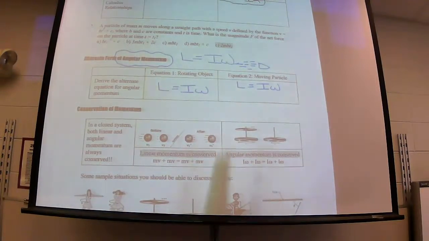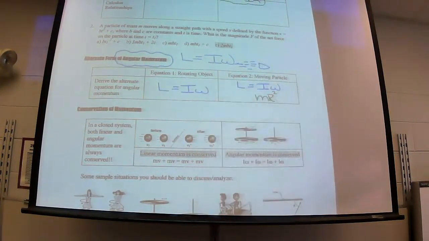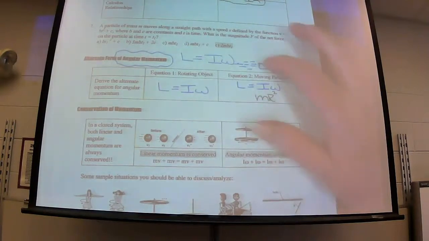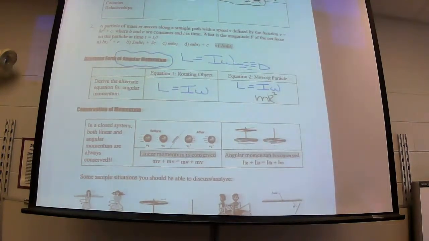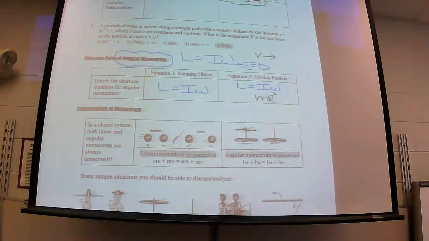All right, so a bullet then, or a piece of clay, is going to be a point mass, so I'm going to write down m r squared, because that's the equation for a point mass, m r squared. But if it's a bullet or a piece of clay that I'm firing, it's moving with a velocity.